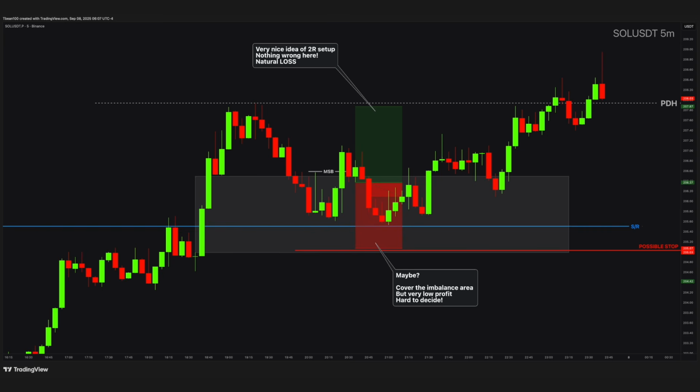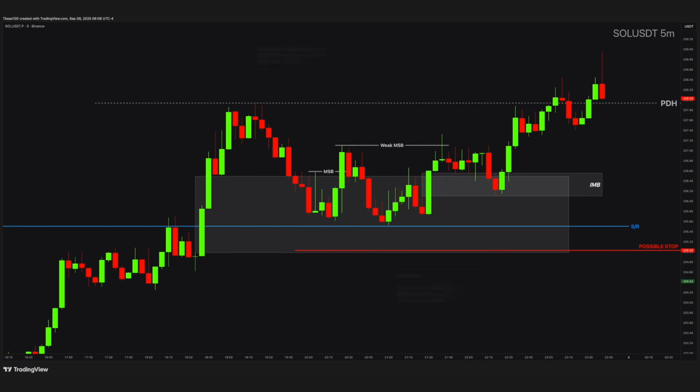Now let's imagine you did take that first trade and unfortunately got stopped out. It is not the end of the world. Then a second trade opportunity shows up, this time with a market structure break and imbalance forming inside the zone. At first glance, you can see that this 2-to-1 risk-reward setup worked out really well.